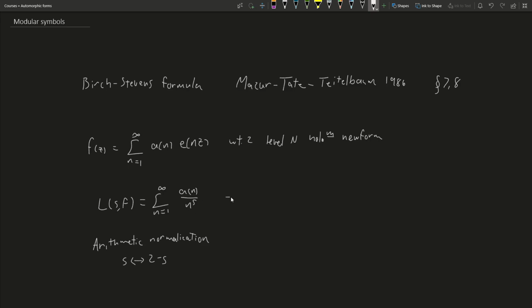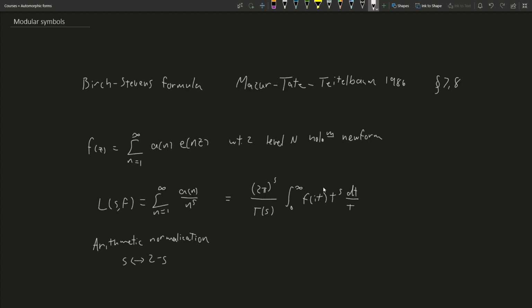And you can show that this is a Mellin transform. So, well, okay, you've got this stuff in front: (2π)^s over Γ(s). And then it's going to be an integral from 0 to infinity of f(it) t^s dt over t.